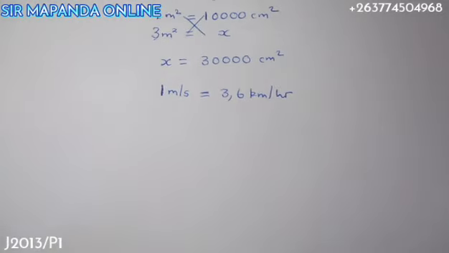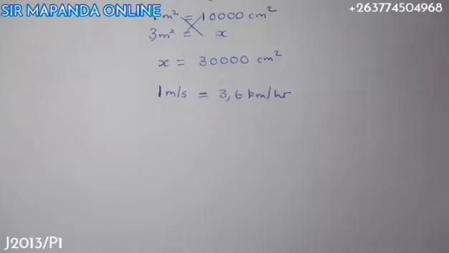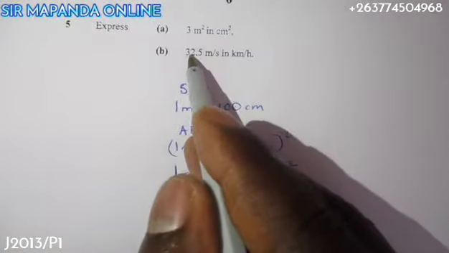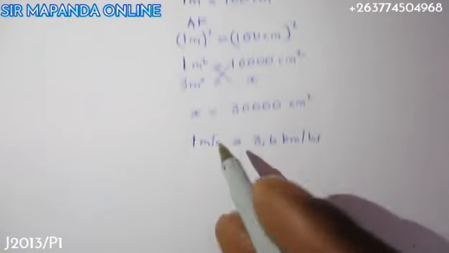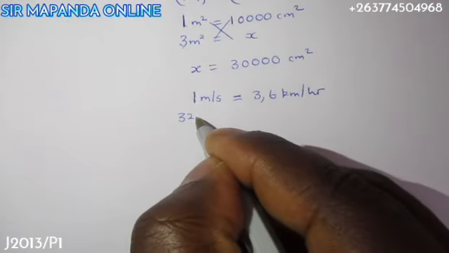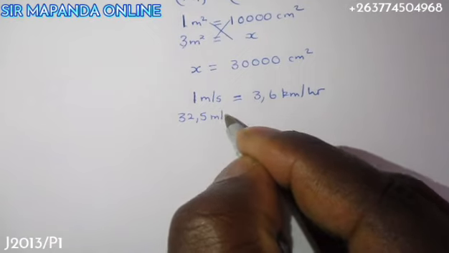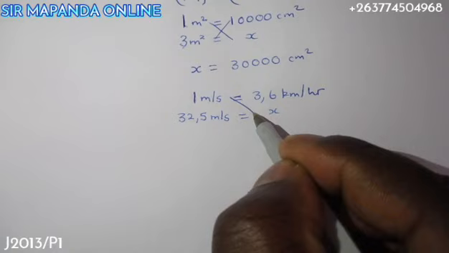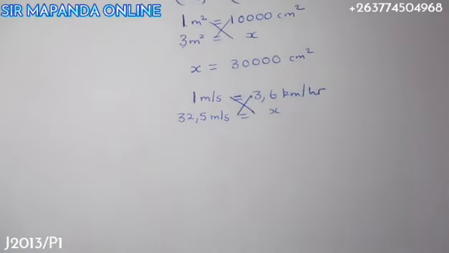This relationship, you need to understand that in 1 meter per second, we have 3.6 kilometers per hour. I hope you are following. So what I'm going to do is take 32.5 meters per second and place it on my left. Then you put x on the right, you cross multiply.